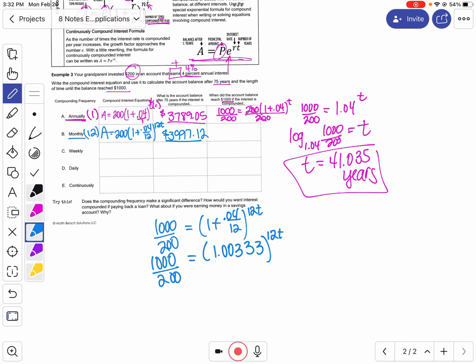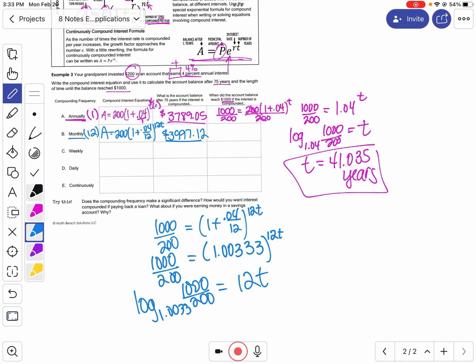So then when I do this, I'm going to take the log, and this time I'm going to end up with a 12t.